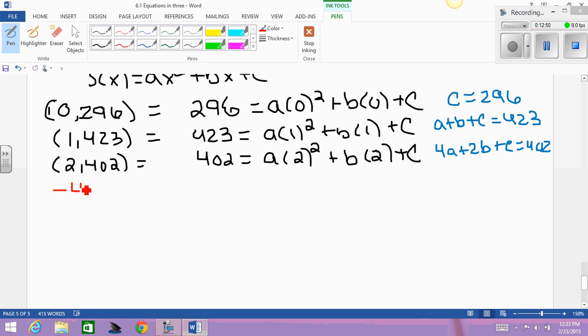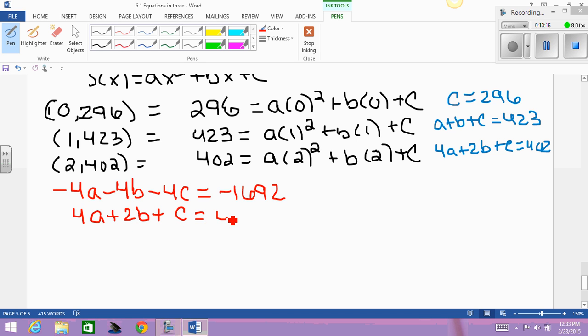So negative 4a minus 4b minus 4c equals, and 423 times negative 4 is negative 1692. Add that to my next one, 4a plus 2b plus c equals 402. Those a's cancel. We get negative 2b minus 3c equals negative 1290.